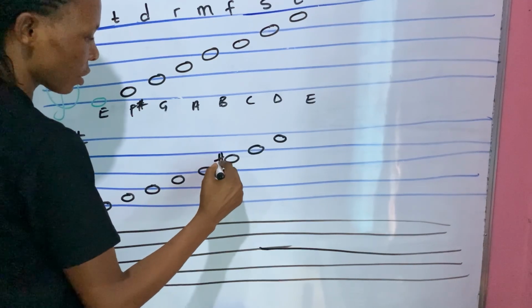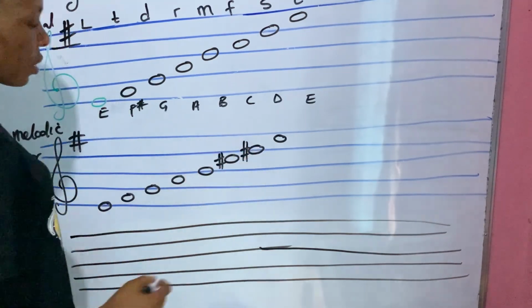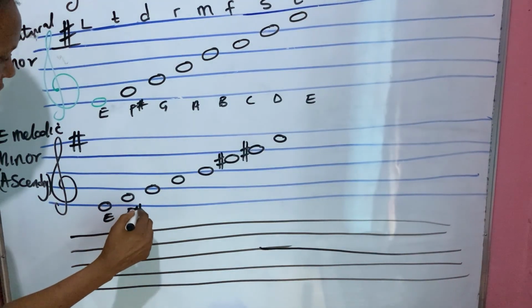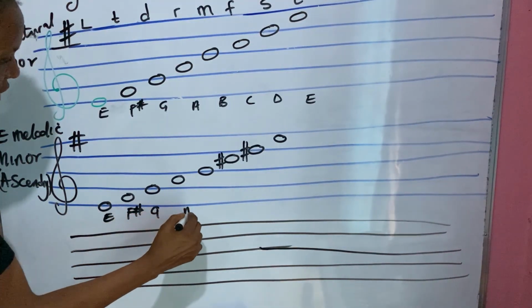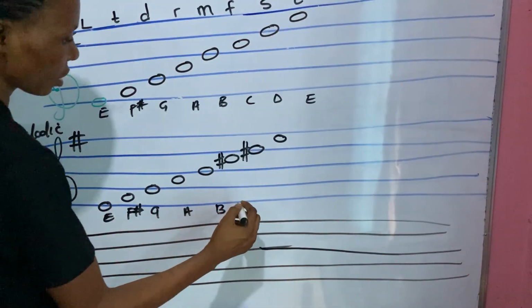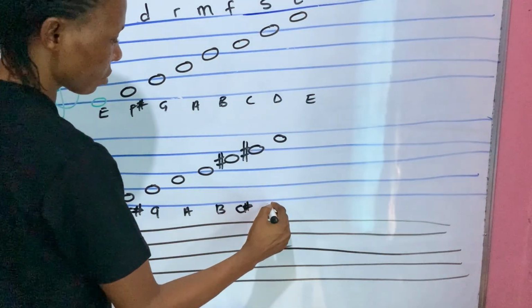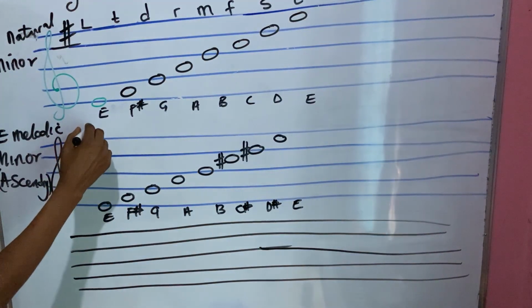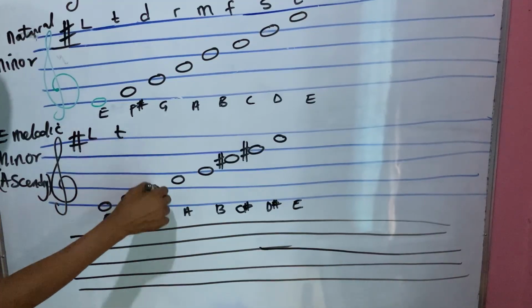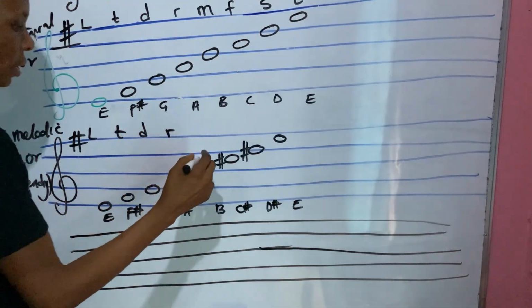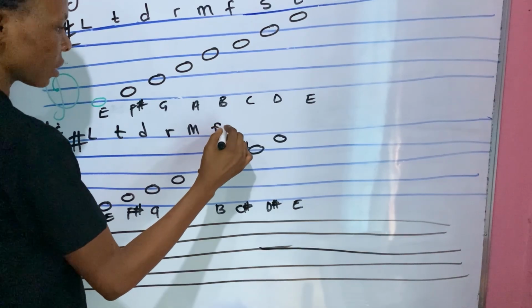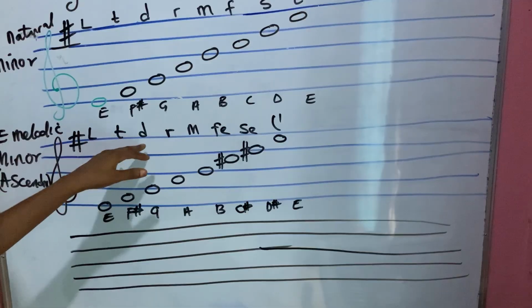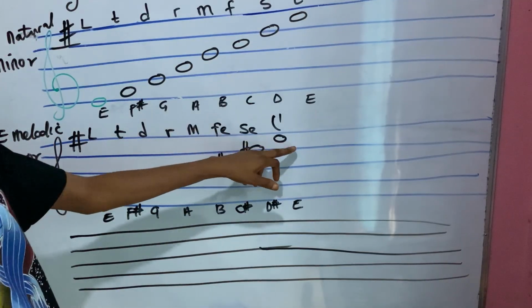So this now means it's E, F sharp, G, A, B, C sharp, D sharp, back to E. So this is going to be La, Ti, Do, Re, Mi, Fi, Si, La.